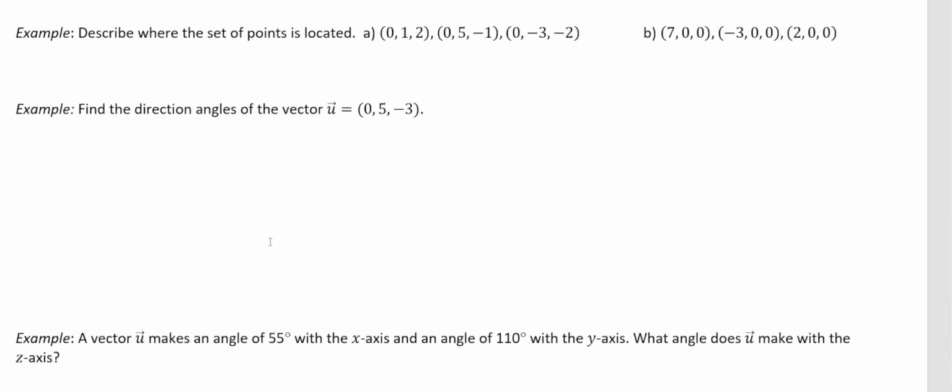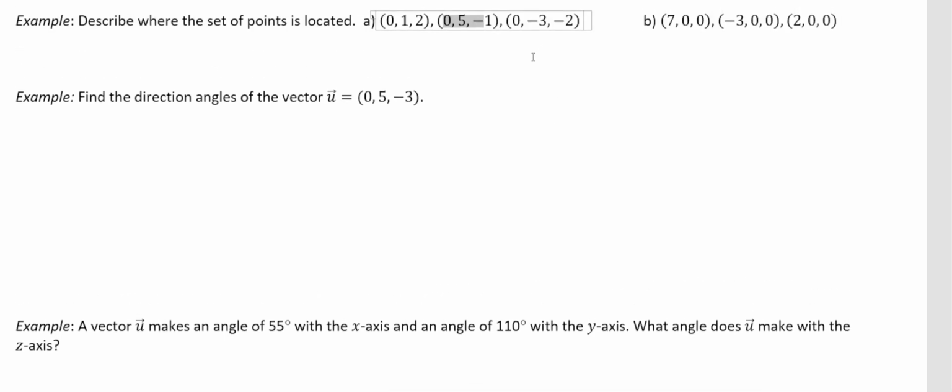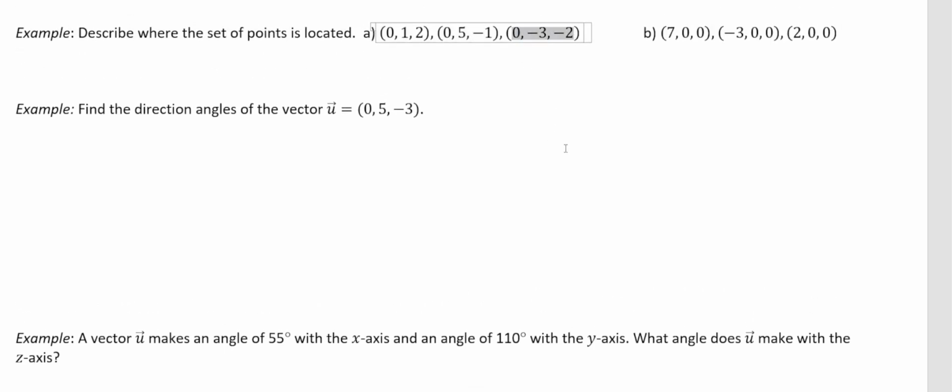Okay, in these questions, it says describe where the set of points is located. So (0, 1, 2), (0, 5, -1), and (0, -3, -2). Perhaps you saw right here, and I'll highlight it for you, that the x component in each of these is 0.